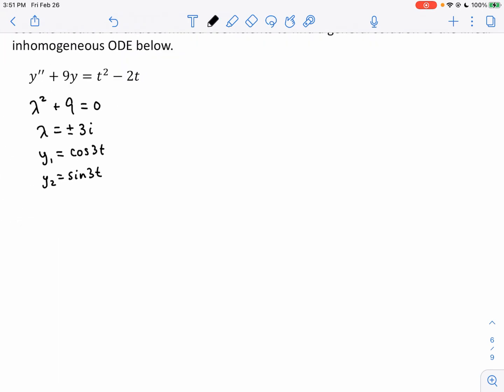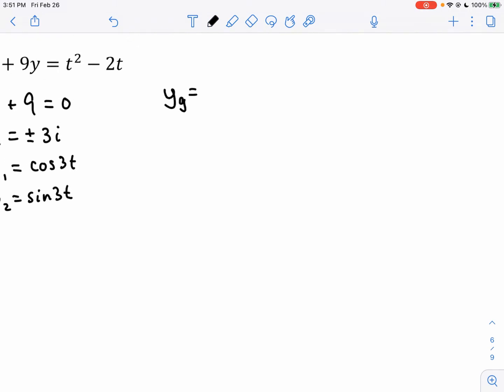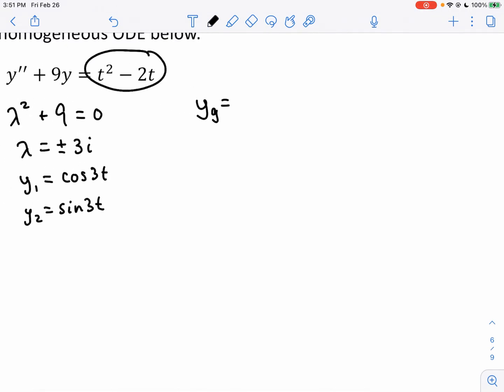Okay, I'm going to do that right here. So let's assume that we can refer to this as y sub g, or you can use a different letter, f. This is just a second degree, so we want a general second degree polynomial: at squared plus bt plus c.